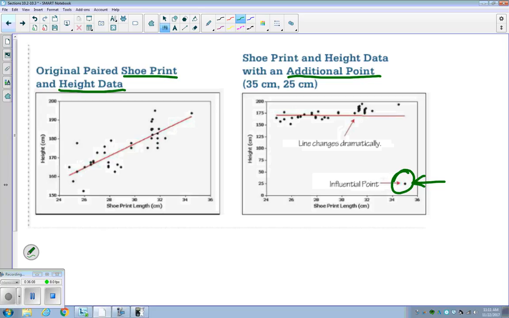So the residual is the difference between the actual data point and the predicted data point. And we're going to measure all of those and add them up. That would be the sum of the residuals. But that's what it means by residuals. The difference between the predicted and the actual. Okay?